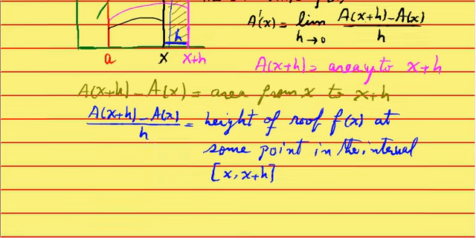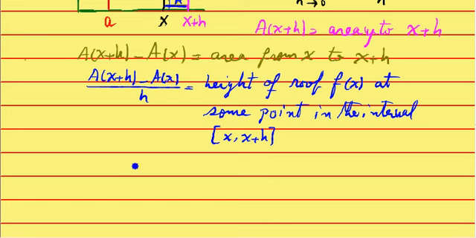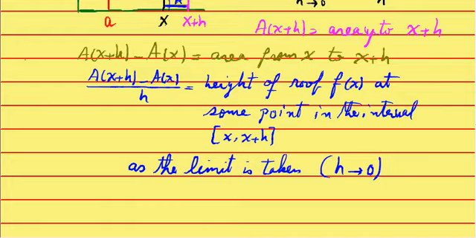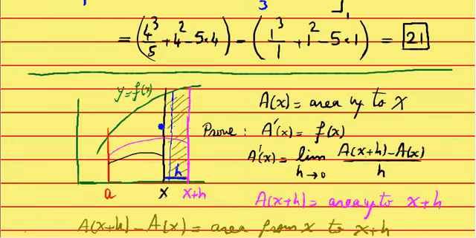Next we say, as the limit is taken, that means as h goes toward 0, all these three lines, the whole region, collapses on top of this black line.